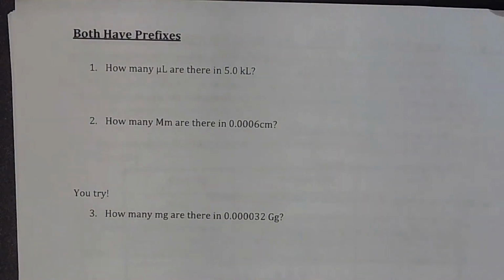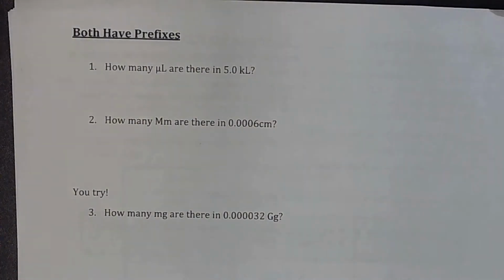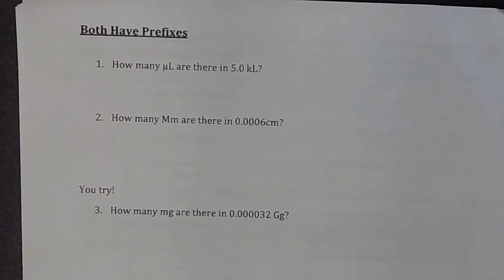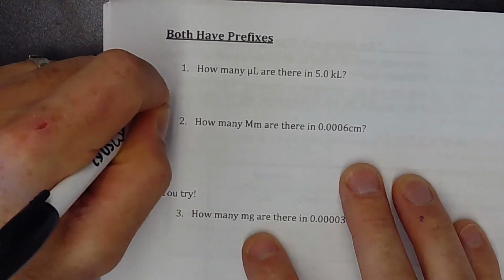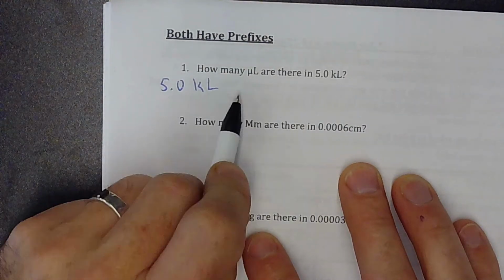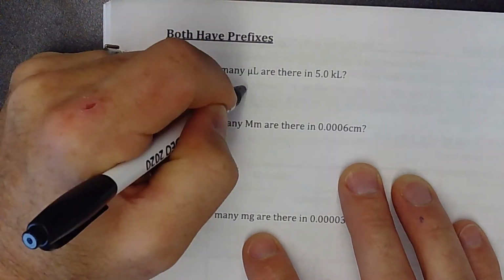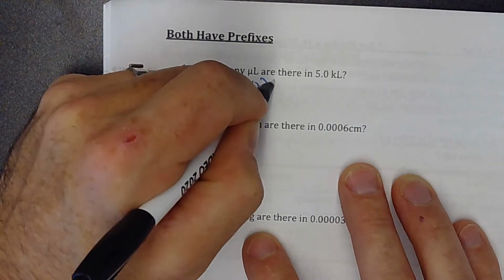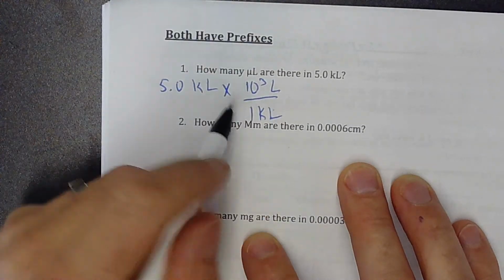This next one is a little bit more difficult. Both have prefixes, so we're going to put one more step in there. How many microliters are there in 5.0 kiloliters? What we have is 5.0 kiloliters. I want to go kiloliters to liters, liters to microliters, so I'm always going back to my base unit. 10 to the 3 liters is 1 kiloliter, so kiloliters cancel.